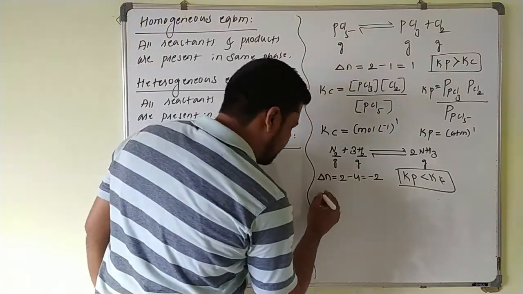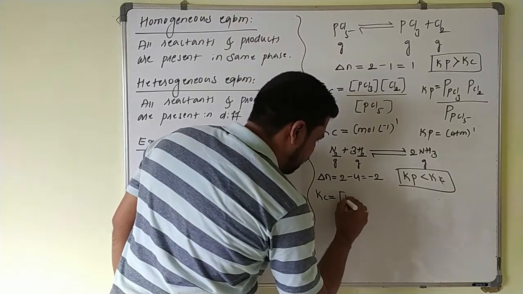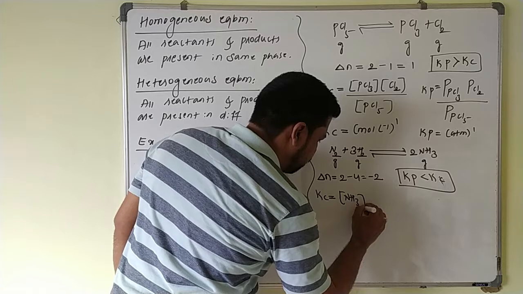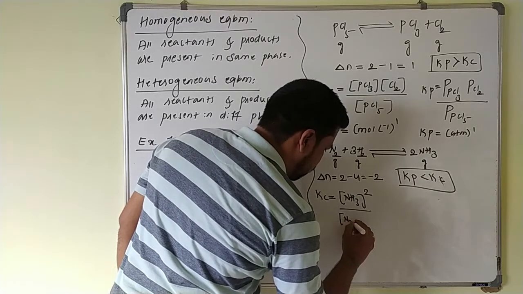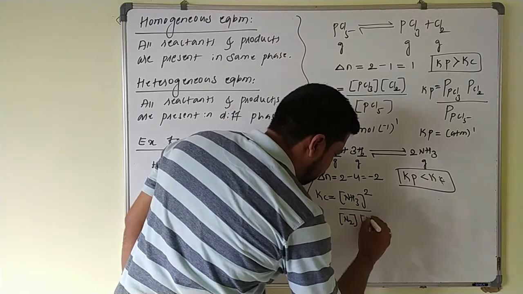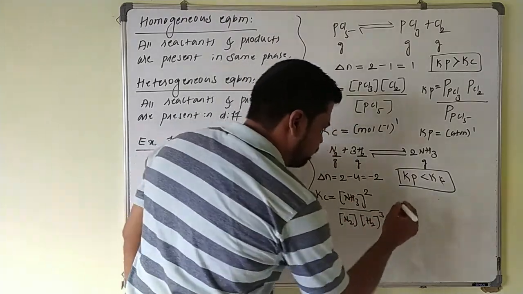Now what is the Kc expression for this one? Kc will be equal to the molar concentration of ammonia power 2 divided by the molar concentration of N2 into the molar concentration of H2 power 3.